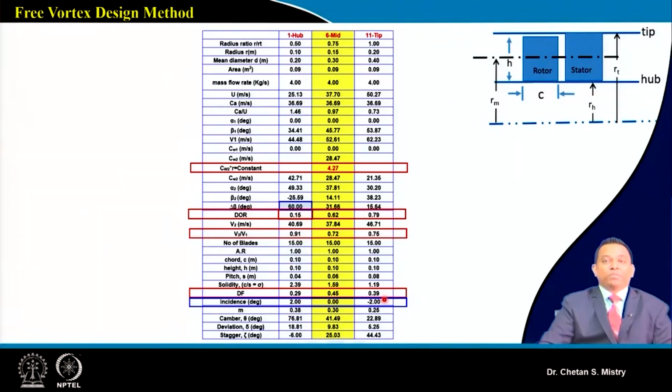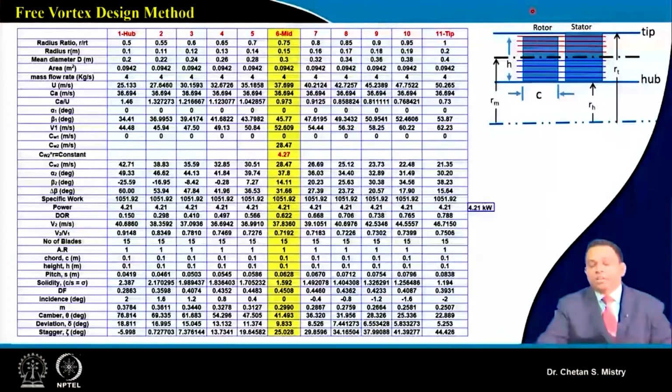Now let's see, suppose we are looking at the whole design, at all the stations. If we consider this is our rotor and stator, as we have discussed, we are dividing it into 11 stations. At the mid station we have done our calculation.